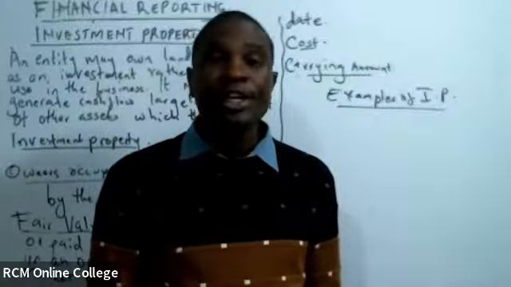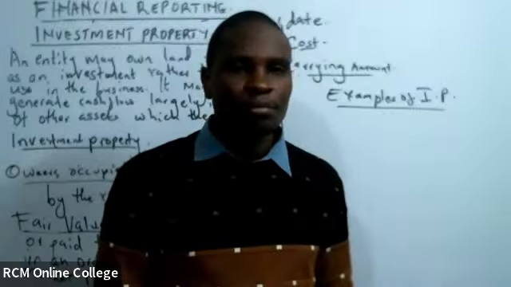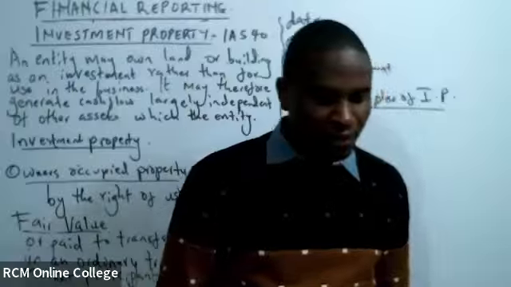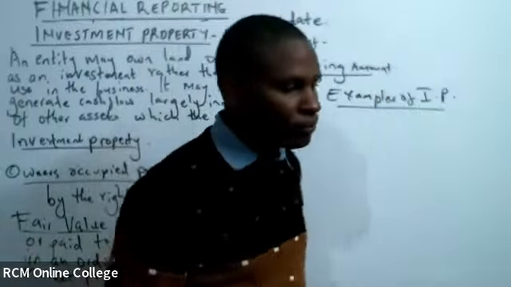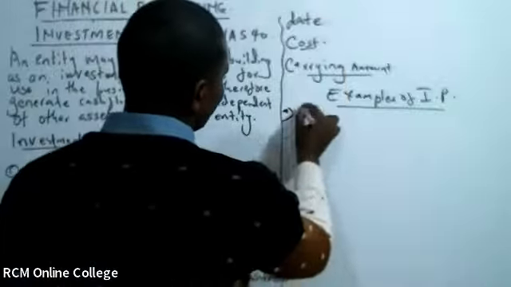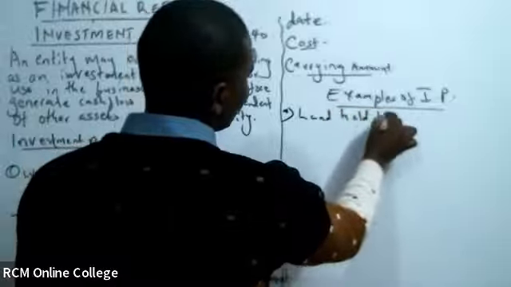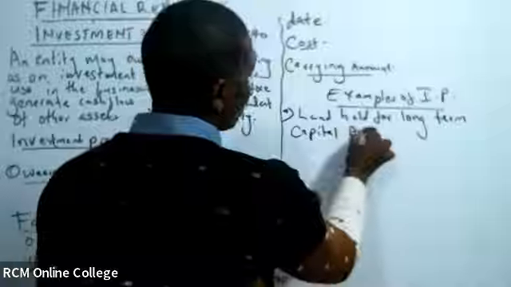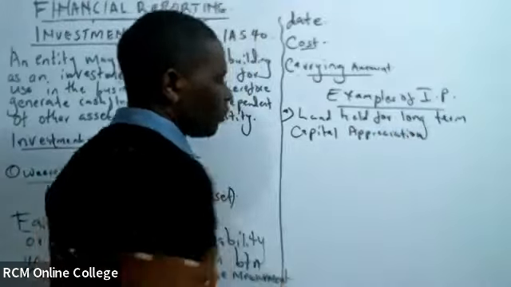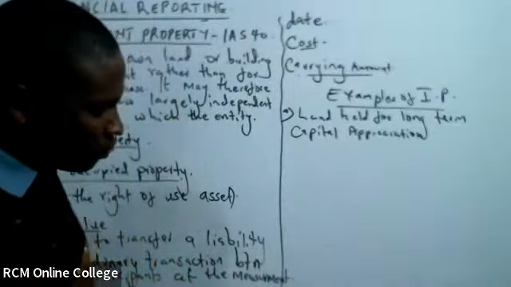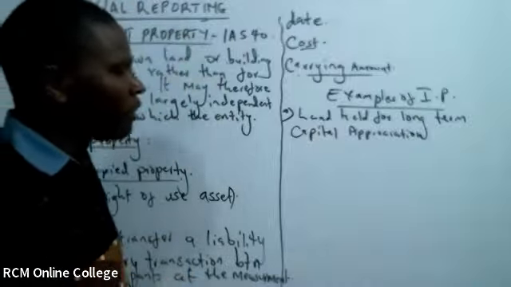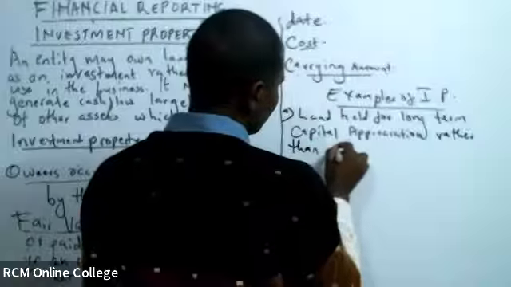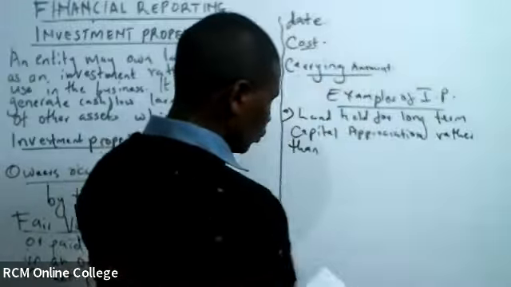If the examiner asks you to give some examples of investment property, please remember that we have part A: land held for long-term capital appreciation rather than for short-term sale in the ordinary course of the business.